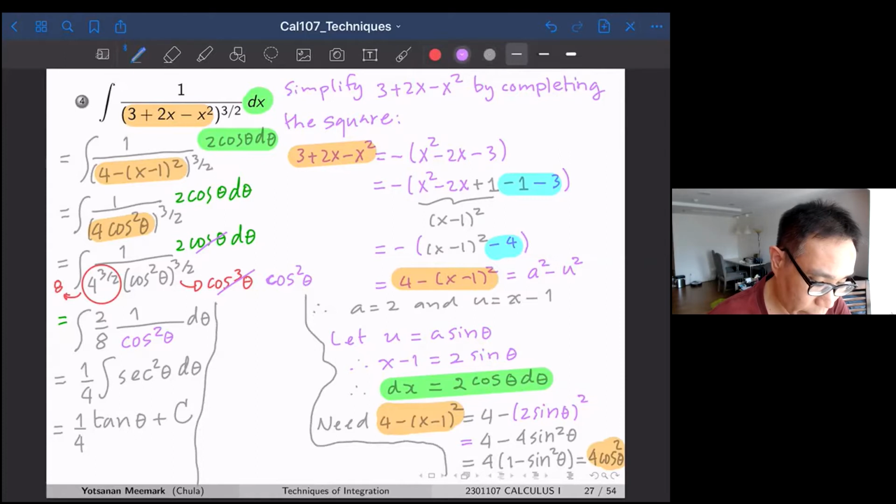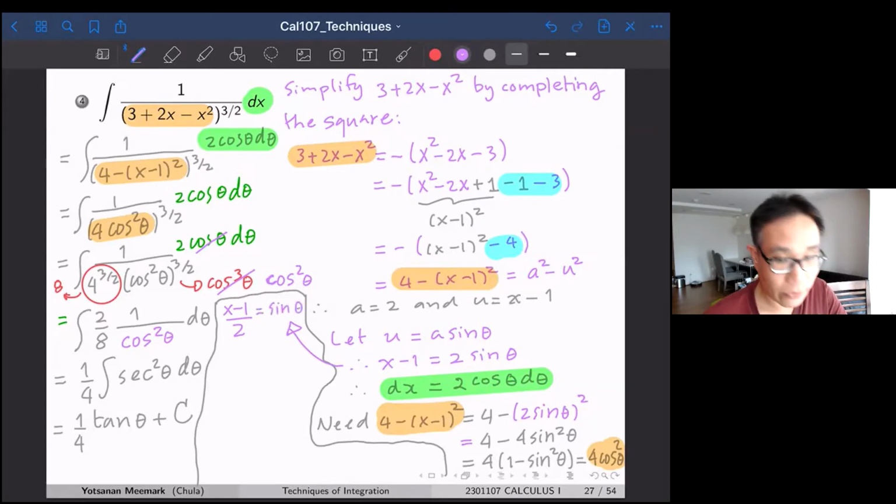So you have x minus 1 equal to 2 sine theta. So you're going to use it here. So you have x minus 1 over 2 equal to sine theta.